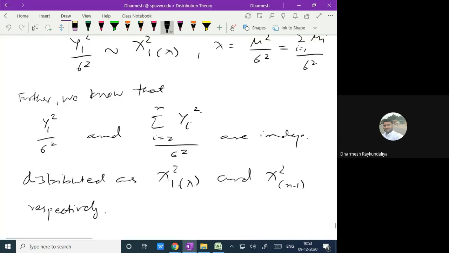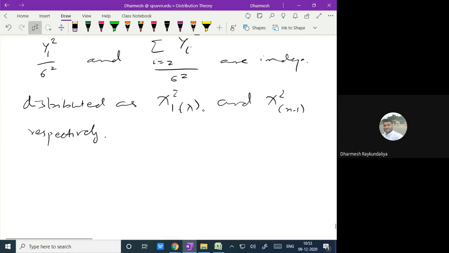Okay, so they are respectively non-central chi-square and chi-square, and they are independent. Then what is their sum?